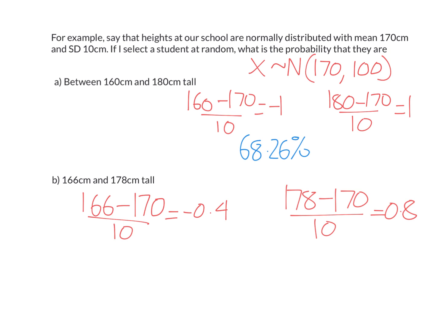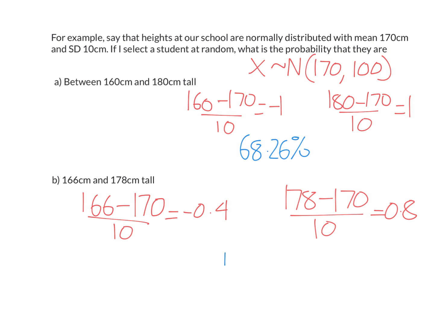So the problem is the diagram we looked at in the previous slide only talked about whole number z-scores. We can't possibly remember the probability of having a z-score that's any value, including non-whole numbers. That's infinitely many. So when the z-scores are not whole numbers, if we want to calculate probabilities, we need to use our graphics calculator.